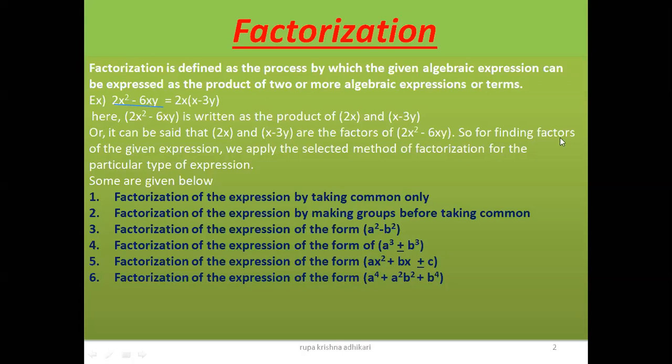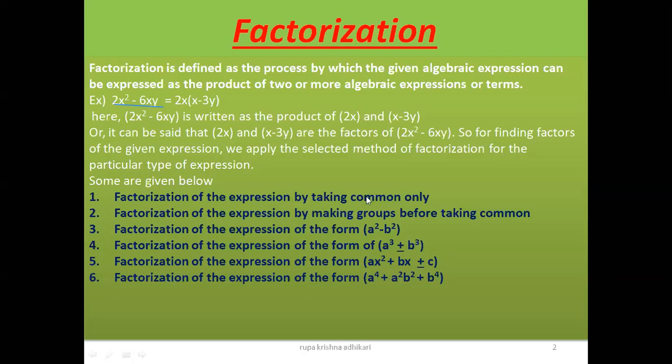So for finding factors of the given expression, we apply a selected method of factorization for the particular type of expression. Therefore, it is important and useful to know the type of the expression to be factorized. For that, I have given here 6 types. Let's see.